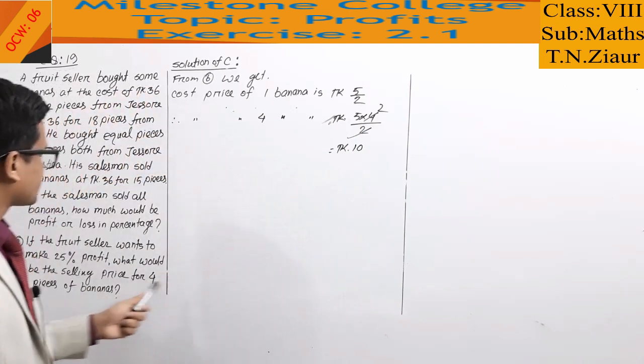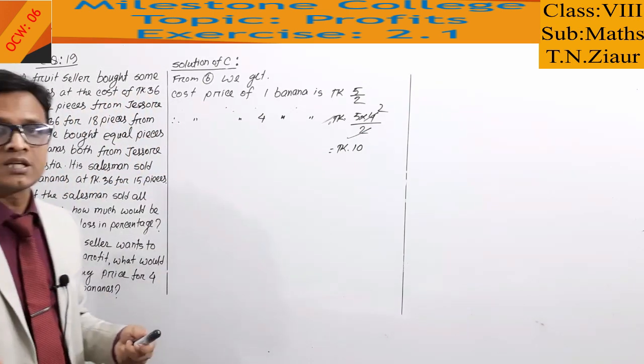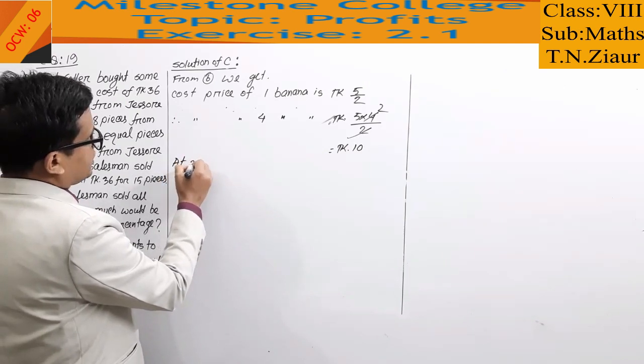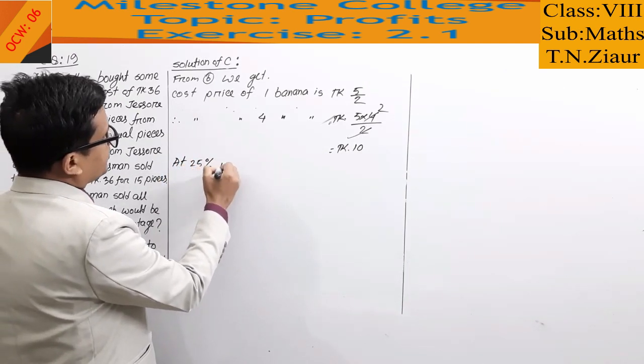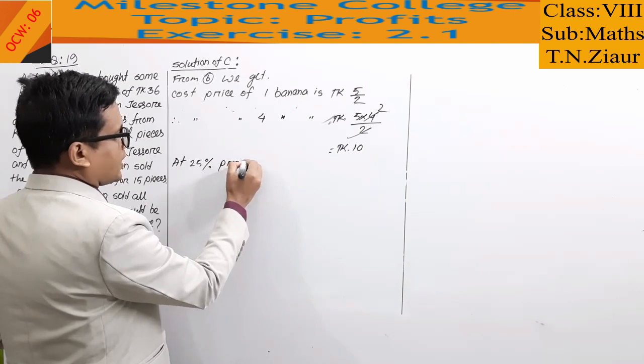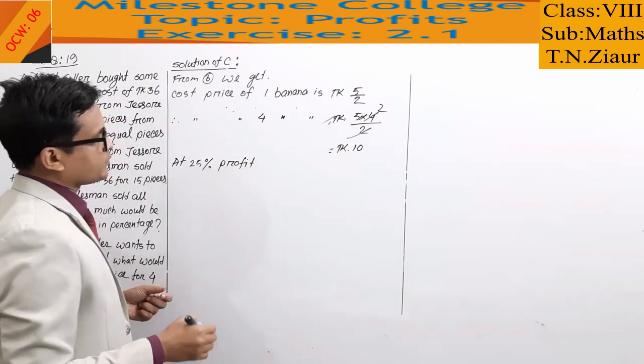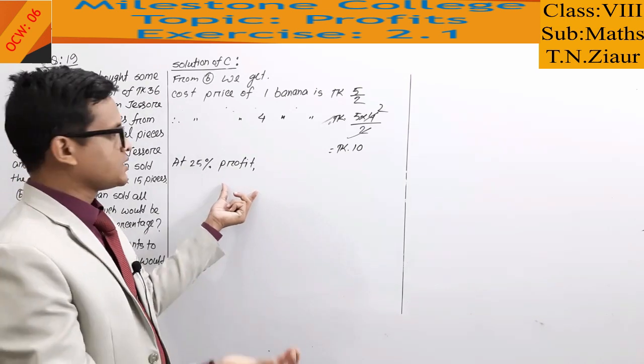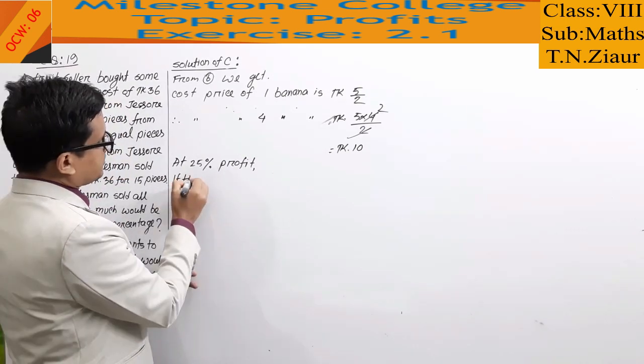So if you want to make 25% profit, that means out of 100 taka, selling price is 125 taka.